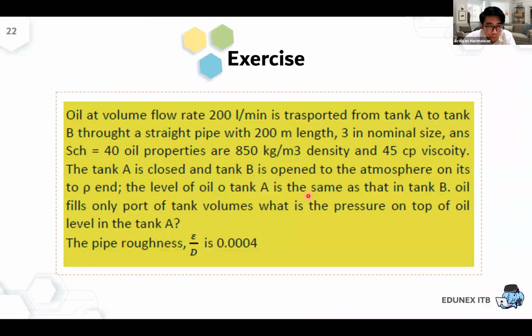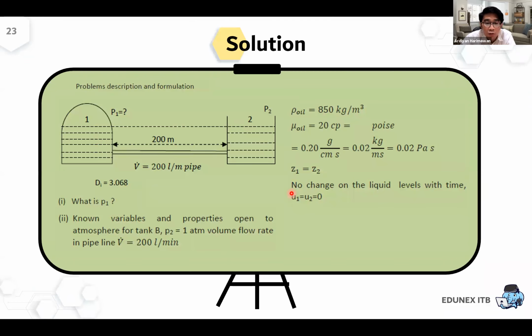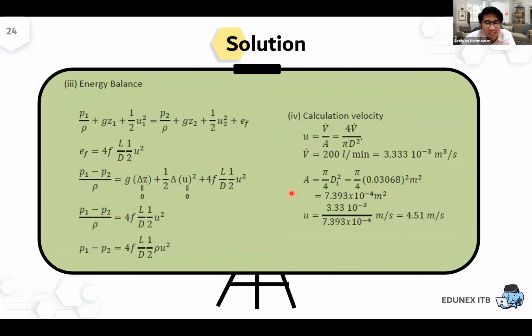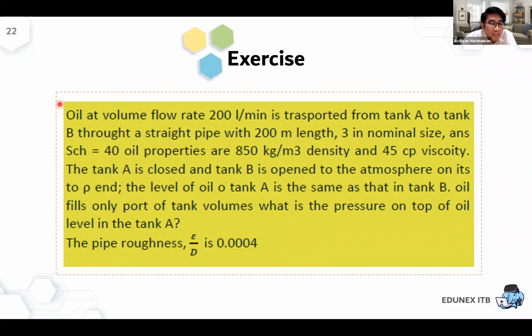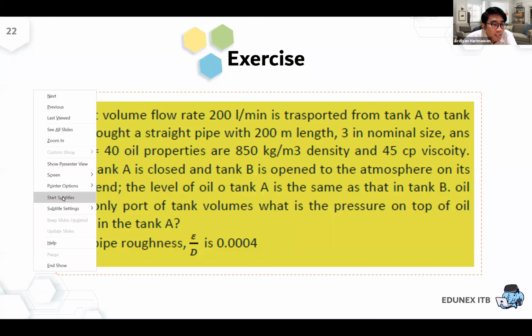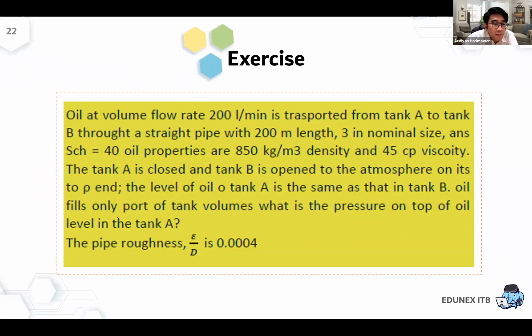To understand better how to calculate the friction factor, let's do an exercise. In the slide we have a solution, but I think it is incorrect, so later we will check. The system is oil transportation.